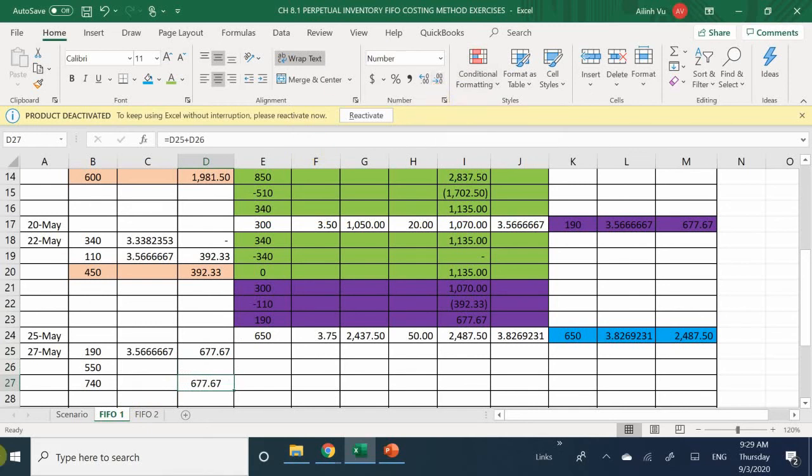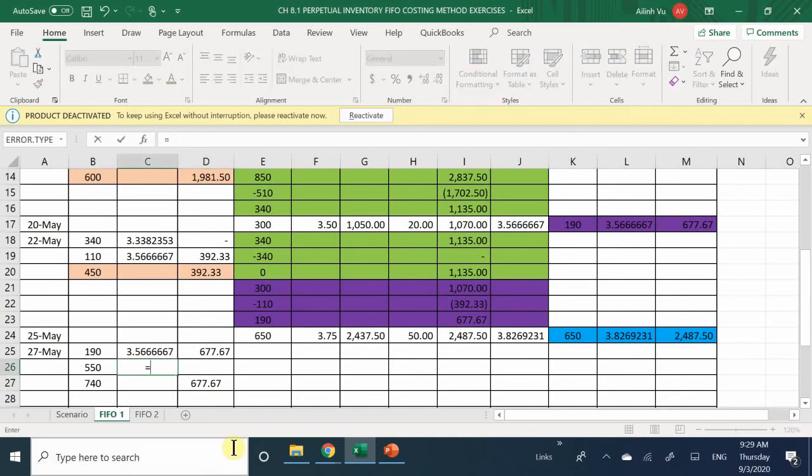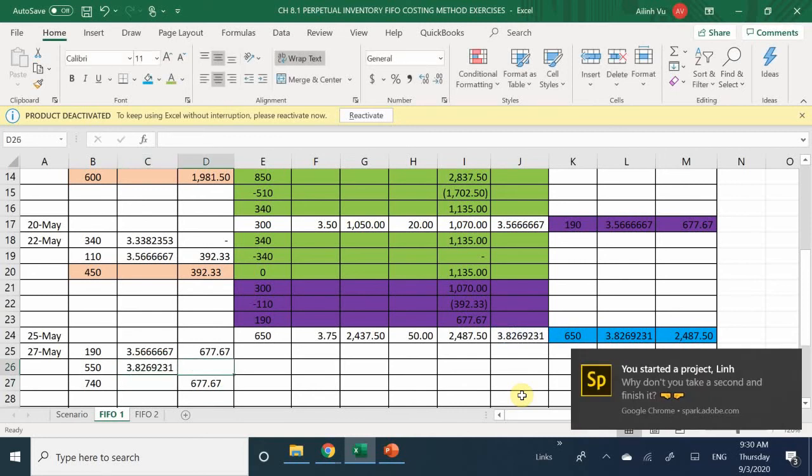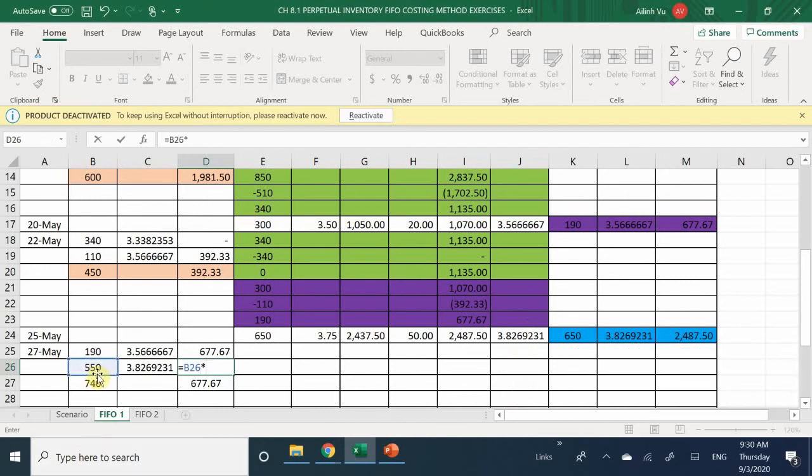Okay, and then now we're going to solve for our second batch here. So we just recently purchased this. We know that it is $3.82. So what is my total here? 2,104.81.